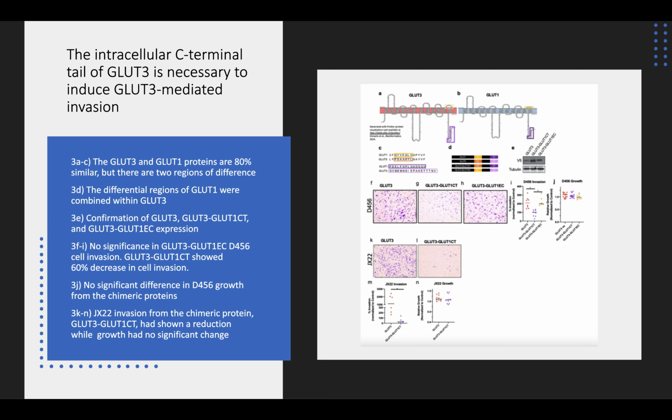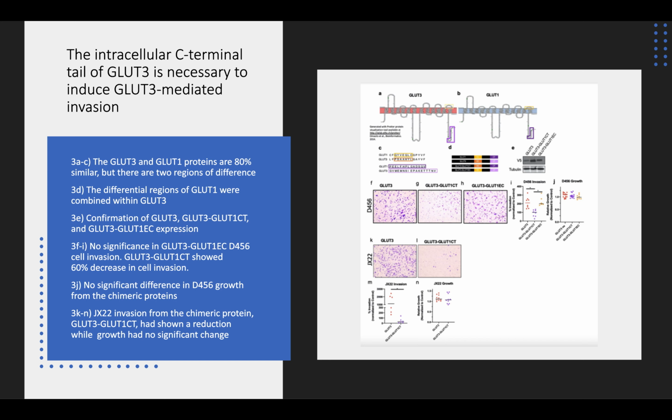Instead of the C-terminal being switched out to GLUT1, we see the EC, or extracellular region, being switched out as well. So the differential regions of GLUT1 are combined with GLUT3.